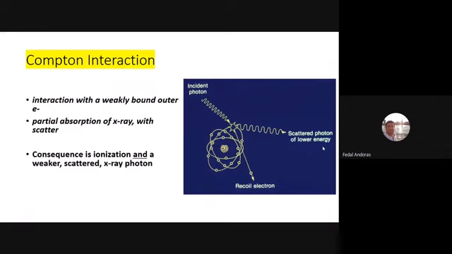So we now have the partial one, called Compton interaction or Compton scatter. It hits the loosely bound electron in the outer shell, with partial absorption and scatter. Consequently, we have ionization and a scattered photon. Look, it counts for about 62% of the interaction of matter with the dental X-ray.